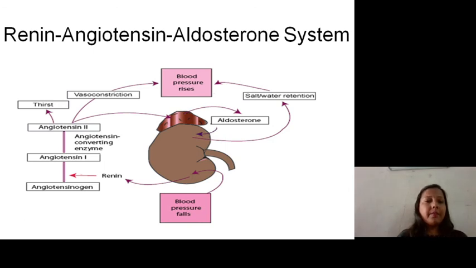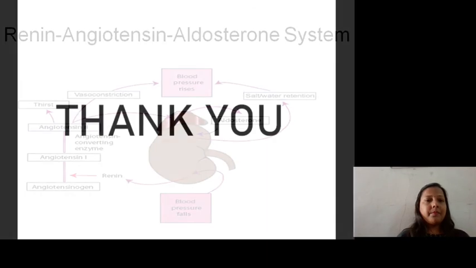In this way, through a chain reaction, renin and angiotensin maintain blood pressure in the body, and therefore the system is called the renin angiotensin aldosterone system. Thank you.